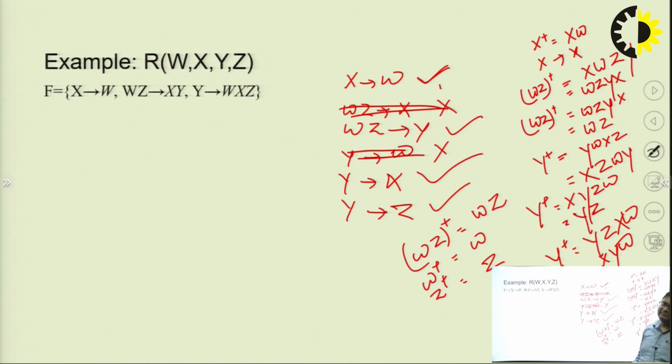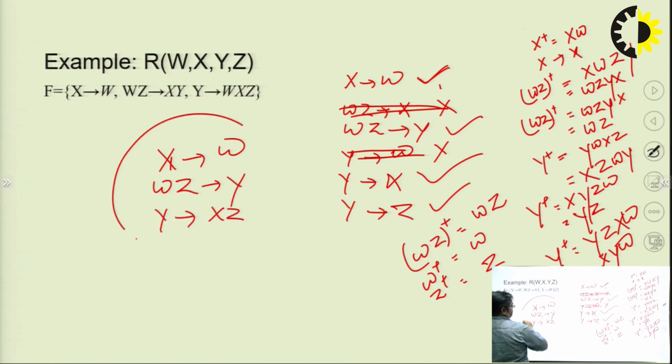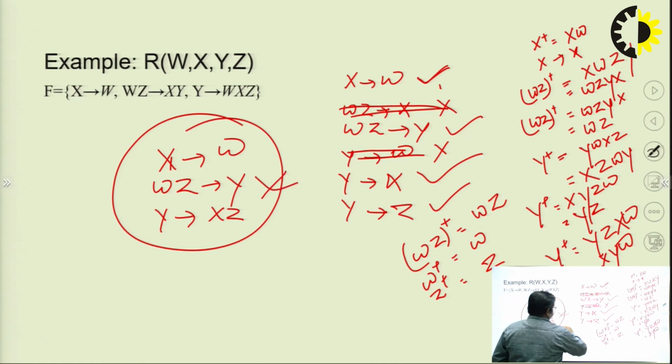If it comes the same, then one of them is extraneous. So we conclude the final set is X to W, WZ to Y and Y to XZ. This is our final set.